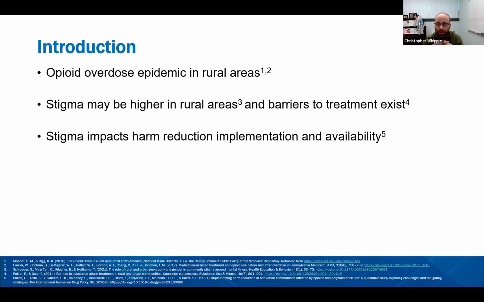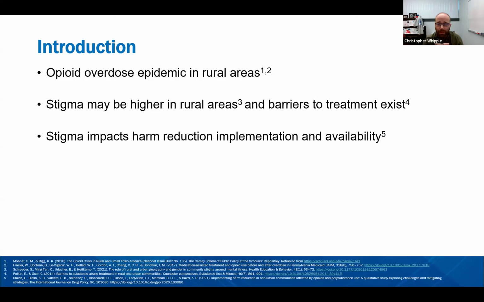Some of the research that we have about stigma in rural areas suggests that stigma may be higher in these areas, and that stigma might introduce different barriers to accessing treatment, whether it be actually having treatment opportunities in your community, or stigma from families, friends, and others that makes it less likely that you'll be willing to use those treatment resources that are available.